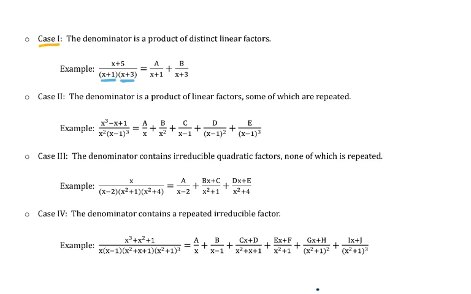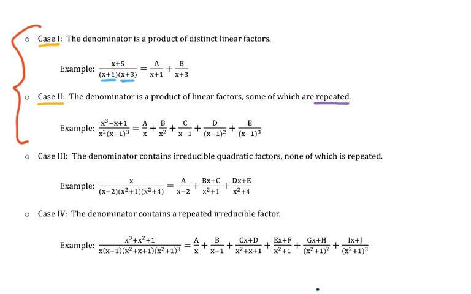So that's the first case. The second case is very similar to the first case in that we're looking at a product of linear factors. So in a sense, case 1 and case 2 very much go hand in hand. The only difference is that case 2 allows for some of those factors to be repeated.